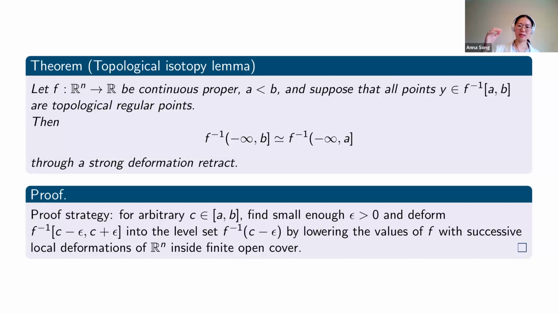The strategy is to deform your space by applying successive small deformations happening only in these finitely many small open subsets, and you lower the values with a strictly non-zero amount of decrease unless you hit the bottom C minus epsilon. You can extend that argument to the whole interlevel set between A and B. So that's how we showed it.